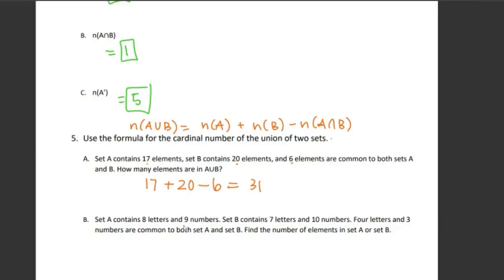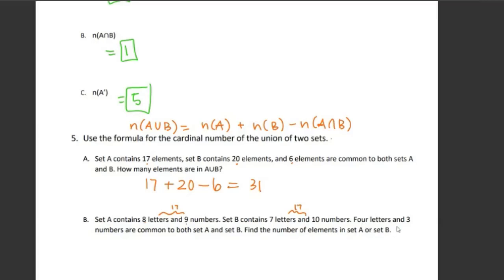And then we'll do the same thing on B. B says set A contains 8 letters and 9 numbers. So we've got 17 total elements. Set B contains 7 letters and 10 numbers, so 17 again.